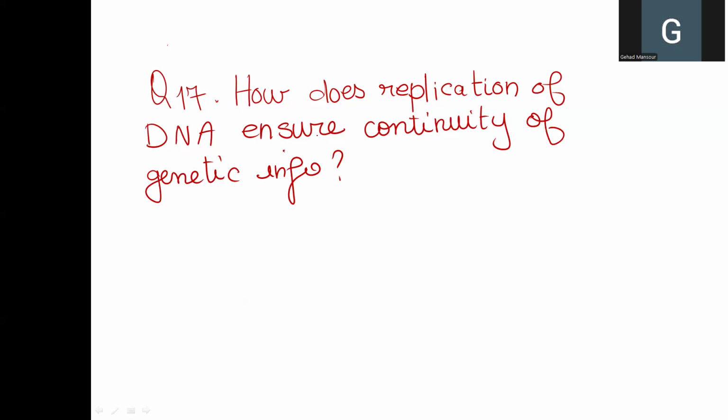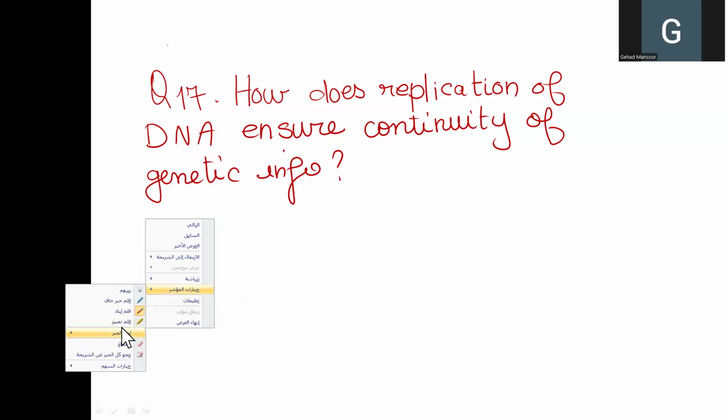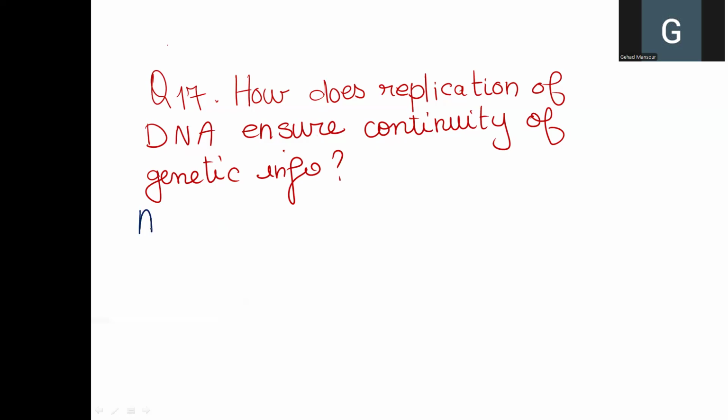Number one, the first answer, we also have A, B, and C. The first item in the answer is that semi-conservative replication occurs before cell division, before mitosis or even before meiosis, in the interphase.